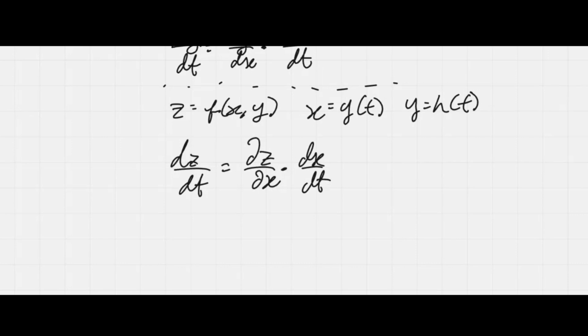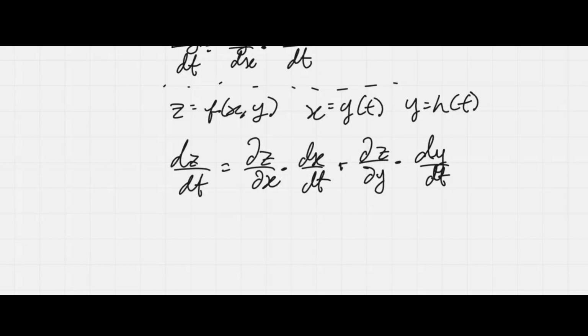We find the partial of z with respect to x, multiply that by the derivative of x with respect to t, and then add that to the partial of z with respect to y, multiplied by the derivative of y with respect to t. And so that's one way to look at the chain rule as it applies to multivariable calc.